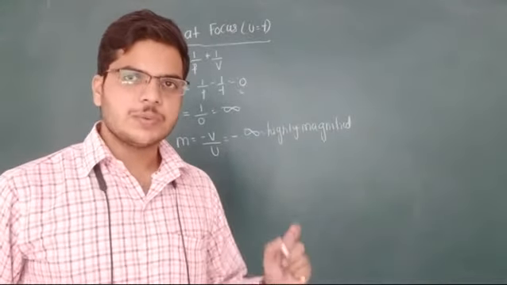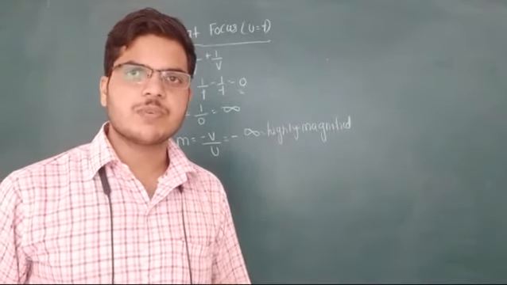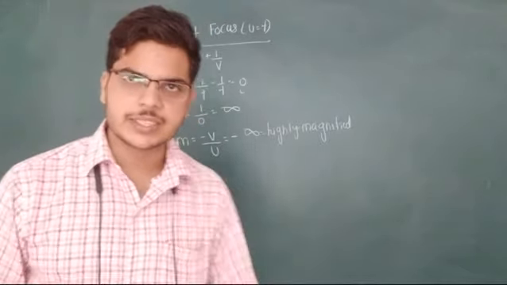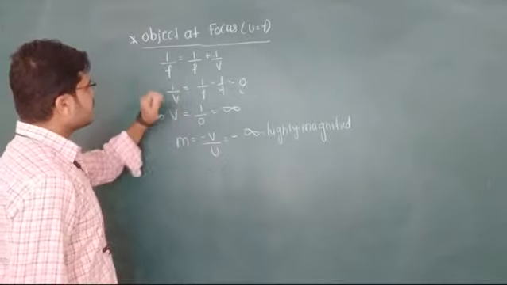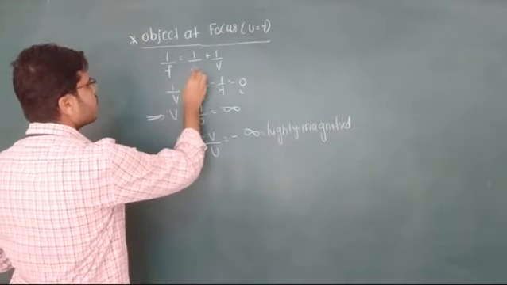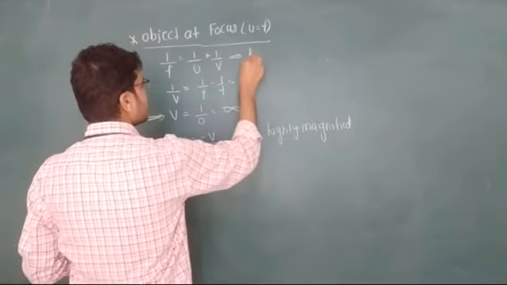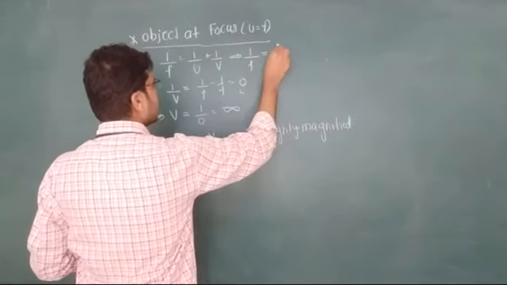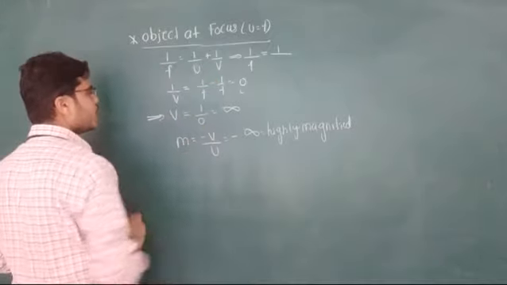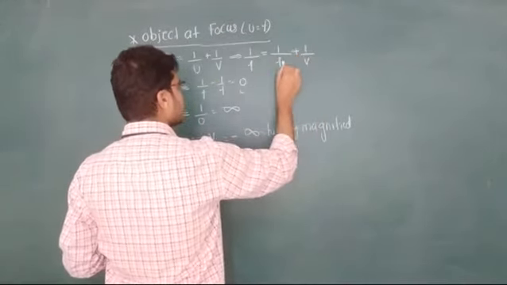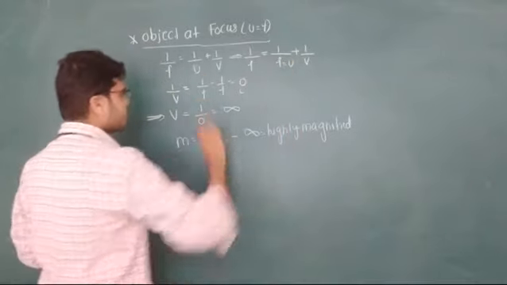Now, if the object is placed at the principal focus, where is the image forming? We have to find the image distance v. 1 by f is equal to 1 by u plus 1 by v. This implies 1 by v is equal to 1 by f minus 1 by u, where I am placing at focal length. Here u is equal to f.